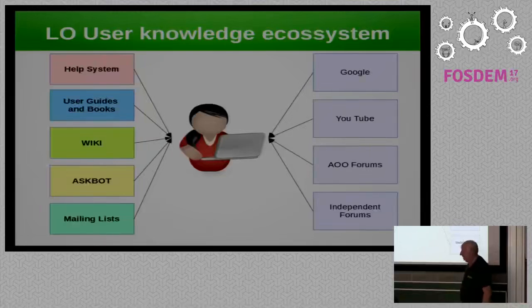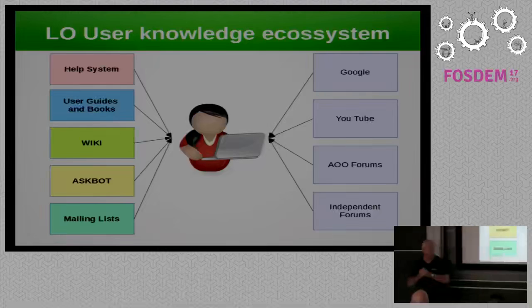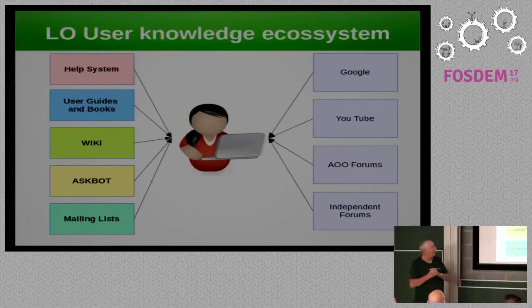What we have in the user knowledge ecosystem is the help system that is bundled in LibreOffice. We have user guides and books that are written and published by the community. We have a very extensive wiki for a lot of information gathering. We have an Ask Bot, a question and answer website for the end user.